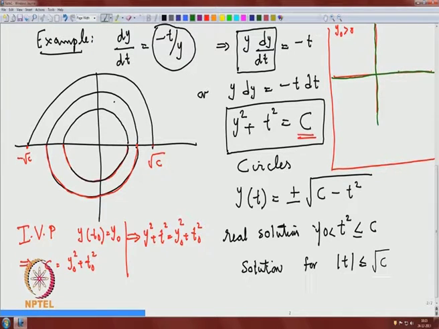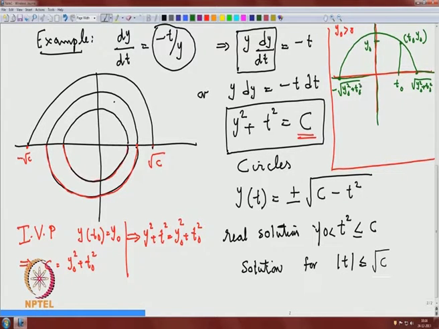You have your t naught here, and t naught can go negative also, and your y naught here. So, you will have the circle. This is your point t naught, y naught, and this point is square root of y naught square plus t naught square, and this point is minus the square root of y naught square plus t naught square.